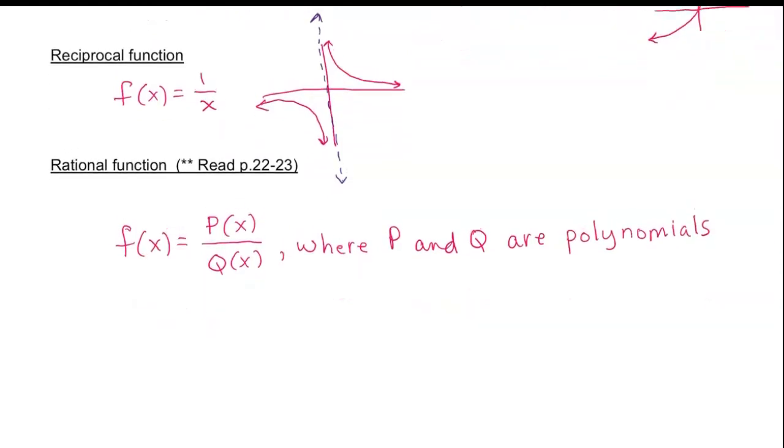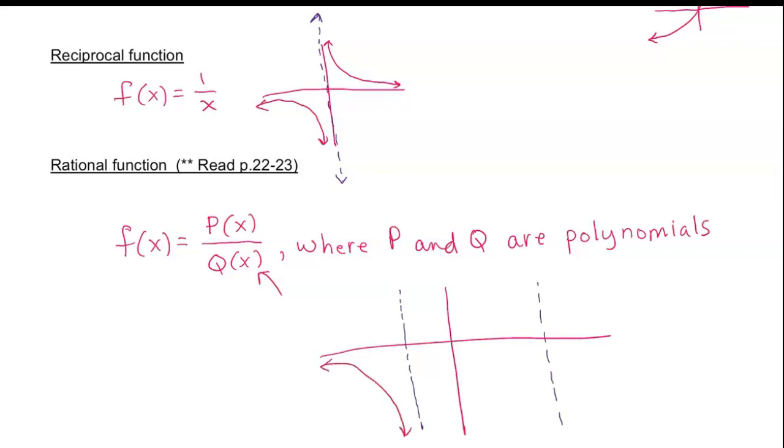It has vertical asymptotes wherever the zeros of Q are. So I'm just going to suppose that I have zeros for Q here and here. So a typical graph of a rational function might look like this. So it might have a piece over here and a piece over here, and then in the middle something funny happens. So maybe it might look kind of like this.